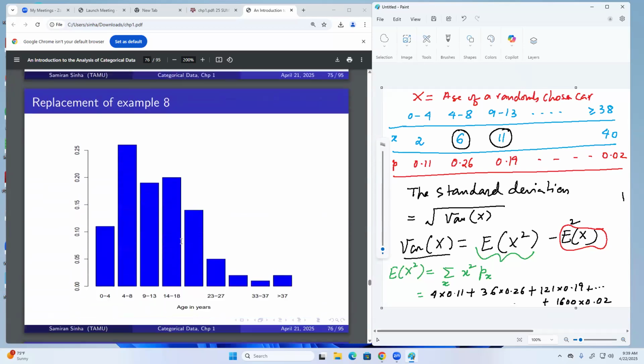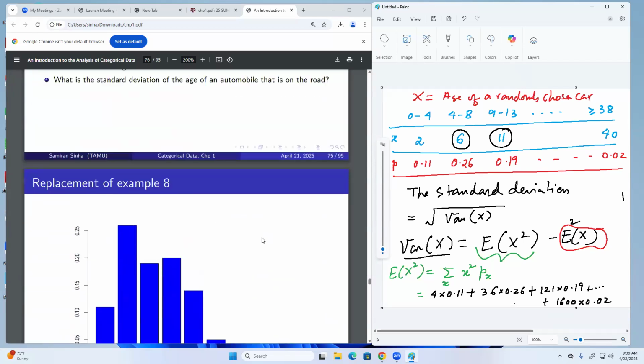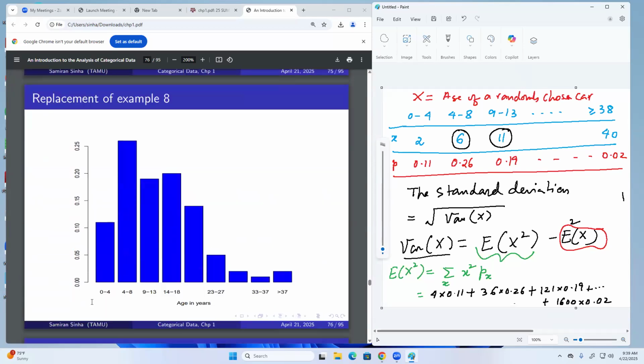And this is the age distribution. If I plot it here, it looks like this. From this graph, you can clearly see that it is right skewed data. Distribution of age is right skewed because you have a longer tail on the right hand side.